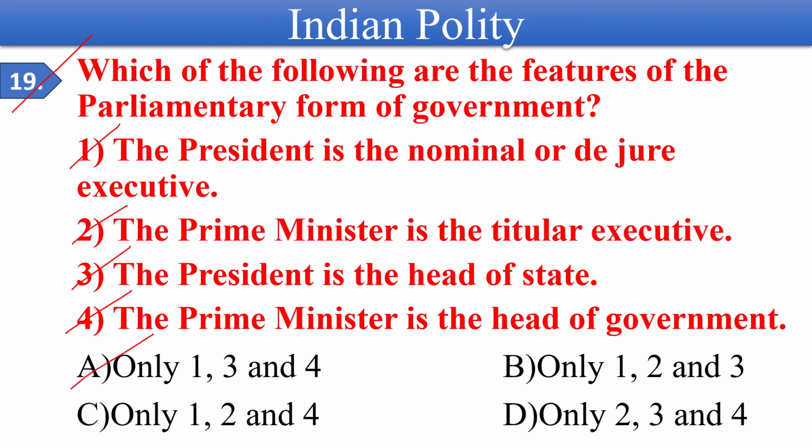Option A, only 1, 3 and 4. Option B, only 1, 2 and 3. Option C, only 1, 2 and 4. Option D, only 2, 3 and 4. And the answer is option A, only 1, 3 and 4 is the correct answer.